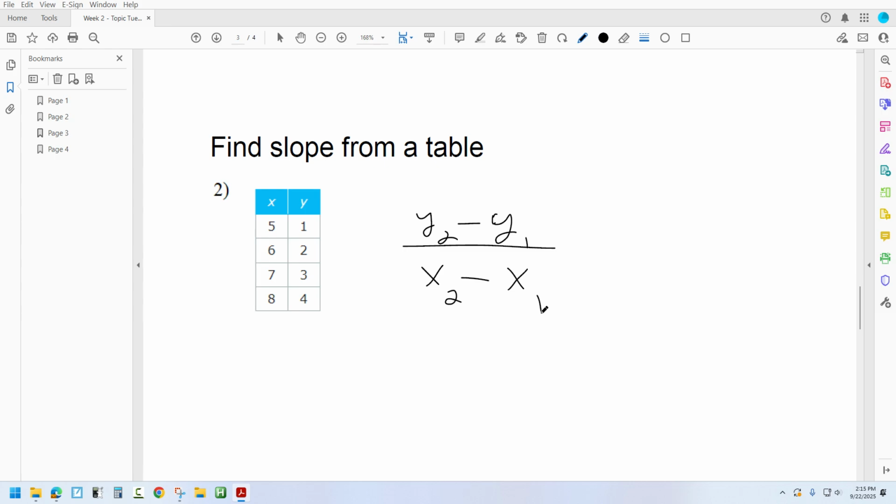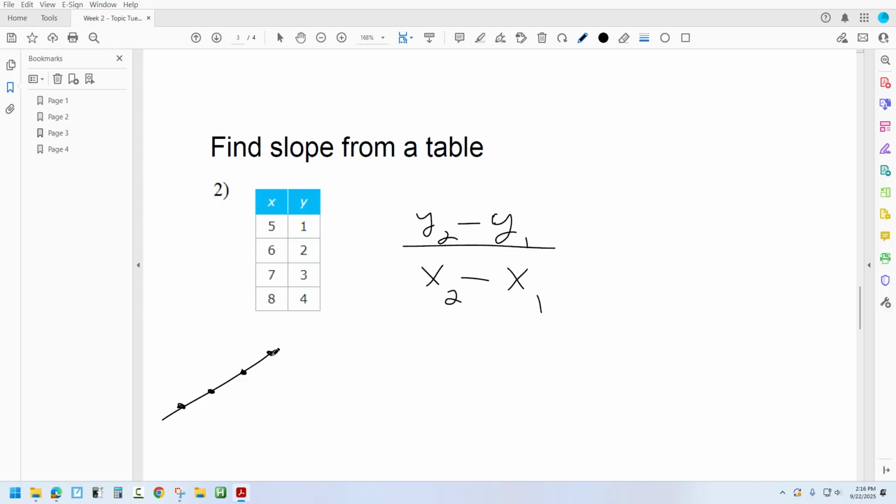How many pairs of coordinates? 4, right? They gave me 4. I only need 2. It doesn't matter which 2 you use, because this is a line. It's kind of like if I gave you these 4 points, and I said, tell me the slope if you stand here, here, here, or here. It's the same everywhere. So we just have to pick 2.